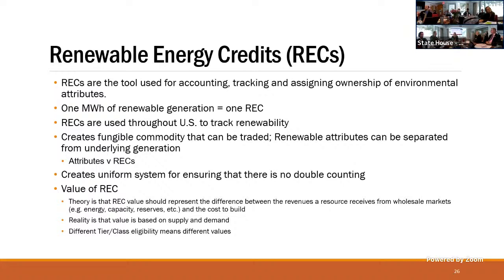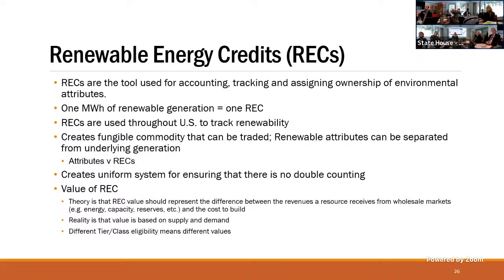A solar resource wanted to build, it could get 6, 7, 8 cents in the marketplace, but it really needed 10, 11 or 12 cents to actually get built. And so the REC was intended to provide that revenue stream to fill that gap and make the project financeable, encourage developers to actually build the projects.